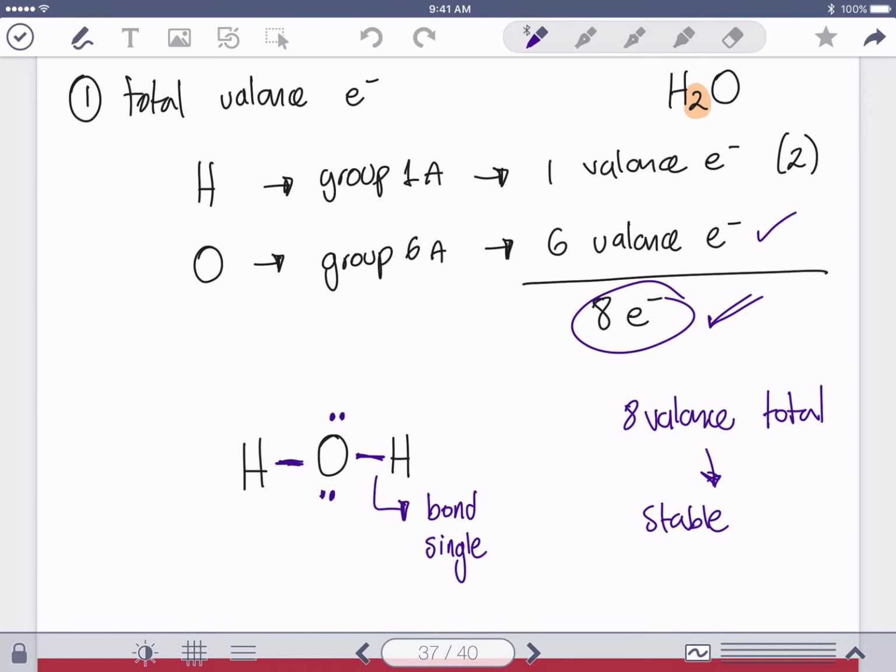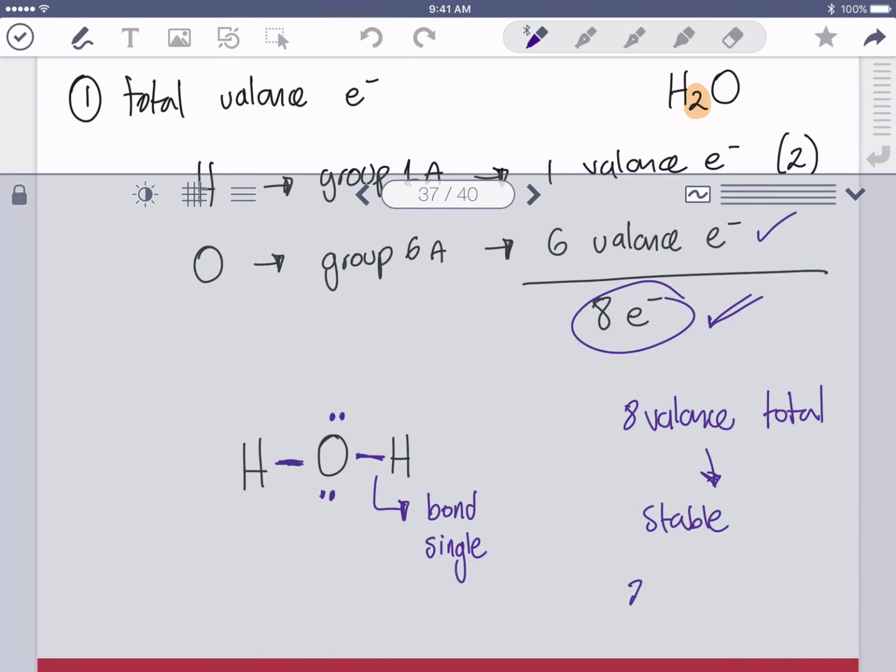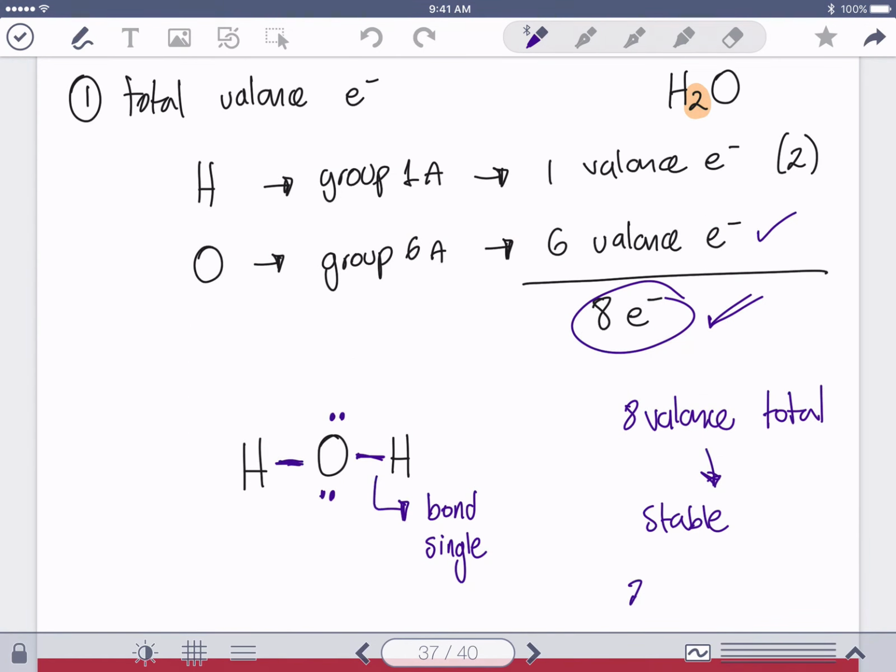Only hydrogen and helium are exceptions where they only need 2 valence electrons. But this rule, or this trend, we call the octet rule. So an atom of an element will not have more than 8 valence electrons in general.